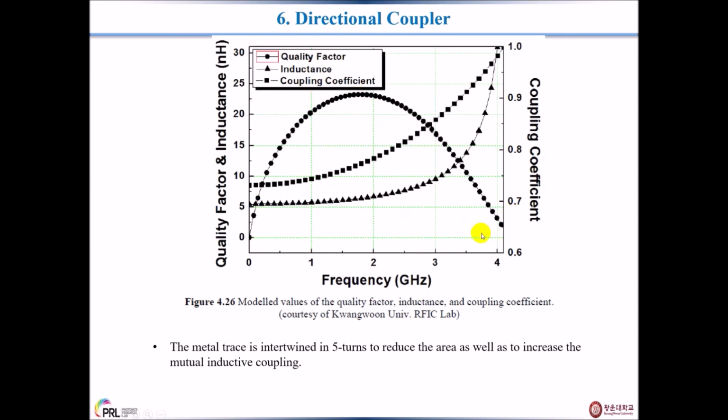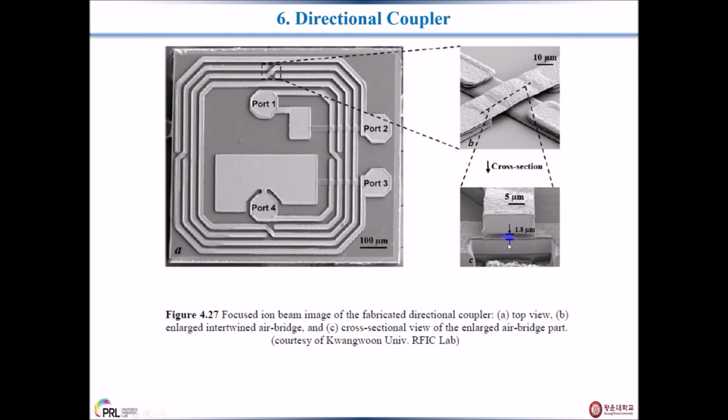You can see figure 4.27 shows a micro photograph of the directional coupler implementation in the IPD process with a chip area of 0.72 by 0.82.